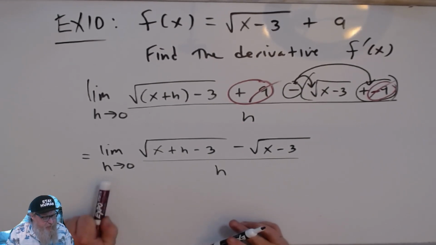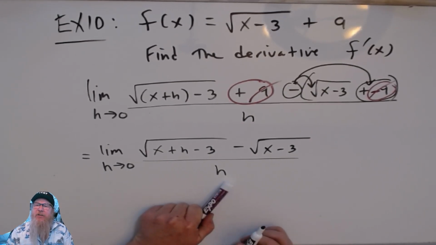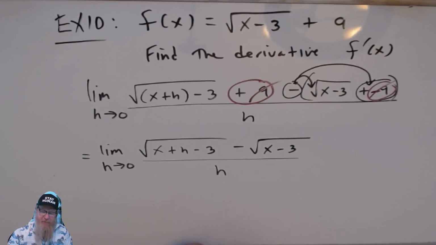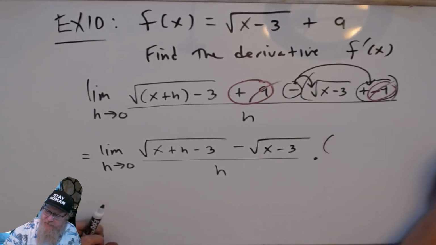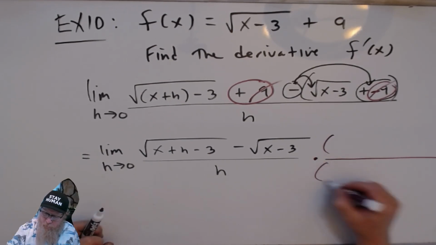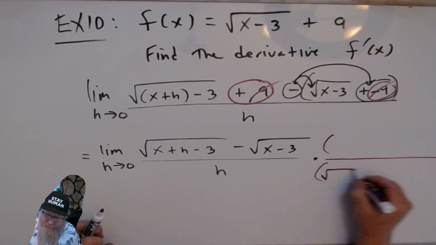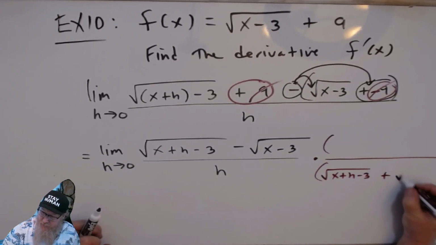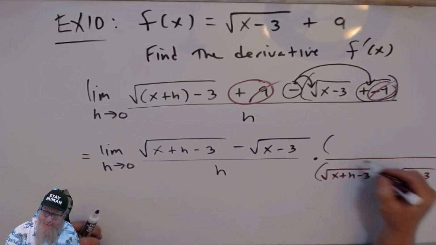Now you can't plug in 0 for h until you first simplify this expression. So we've done this before. This is the special form of 1. We're going to multiply by a special form of 1.